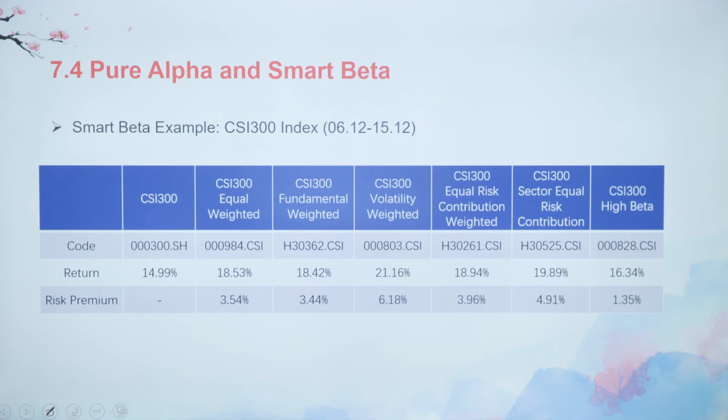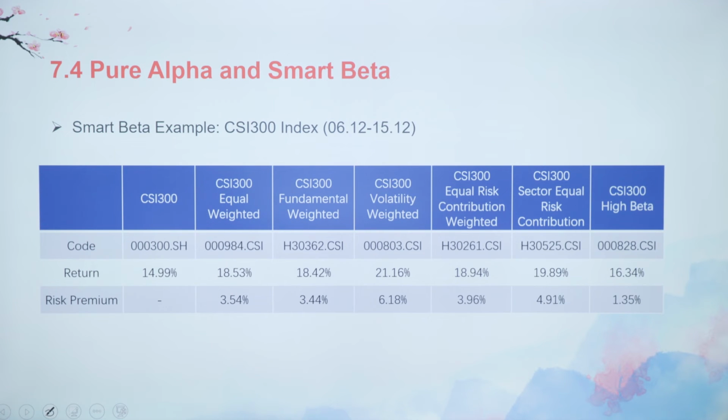And the second index is called CSI 300 equal-weighted. So in this index, we construct this index, give all these 300 stocks the same weight, and we find this smart beta index has the annualized return of 18.53%. It's a little bit higher than CSI 300, the benchmark.